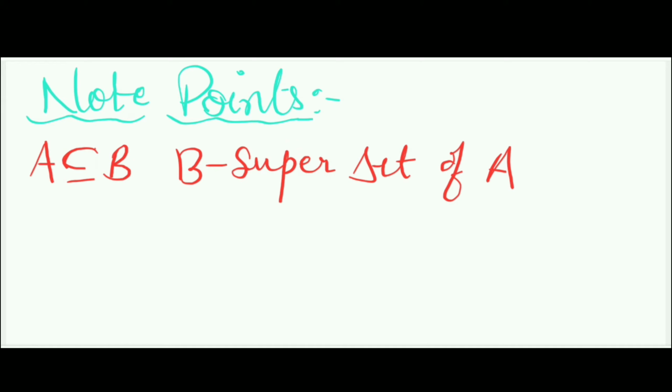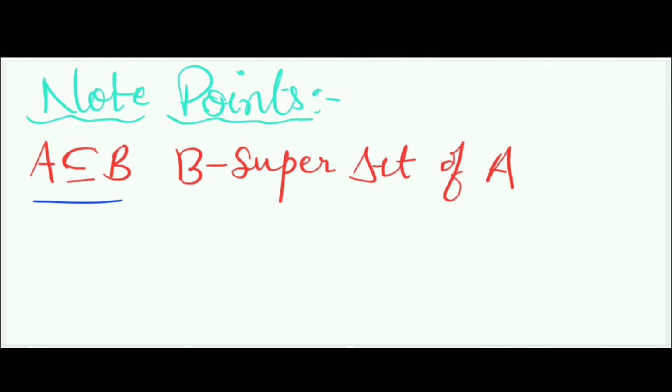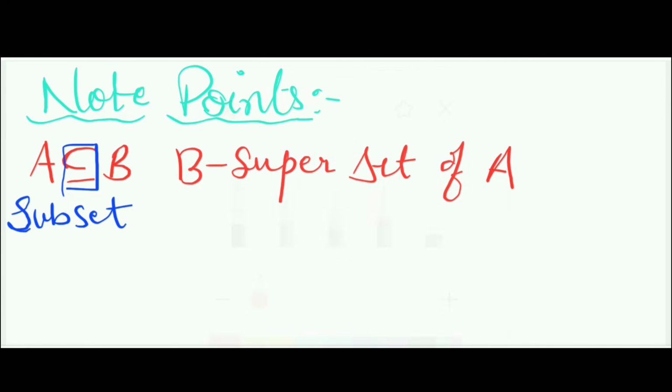Now how do we represent this superset? For the subset, we all know it was represented in such a way. This was for the subset, we know. So just the opposite will be for the superset. Now how do I represent it? The places will not change.